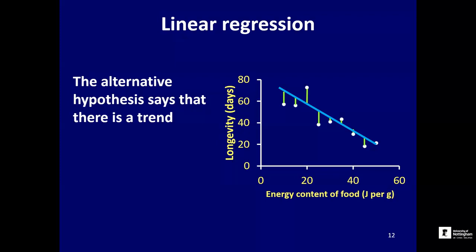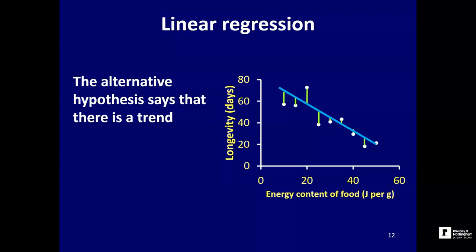So in linear regression, the clue is in the name linear, we assume a straight line relationship between x and y, and we fit a line of best fit through the data points, the best possible fitting sloped line, to represent our alternative hypothesis, which is that there is some kind of trend between energy content of food and longevity.